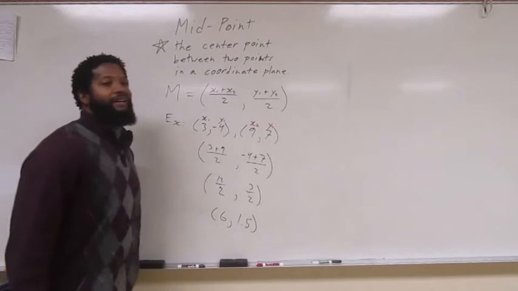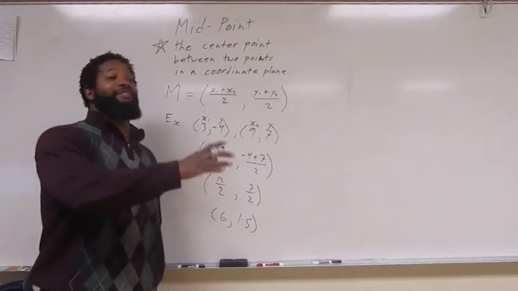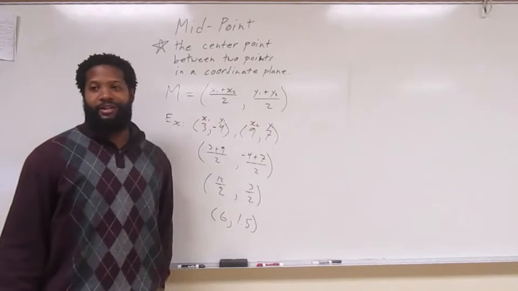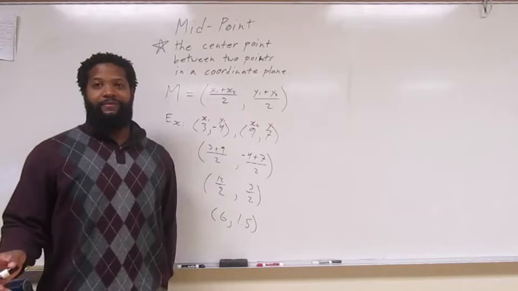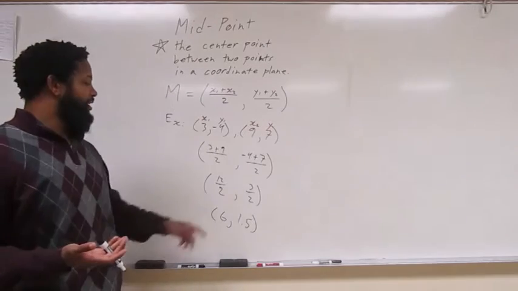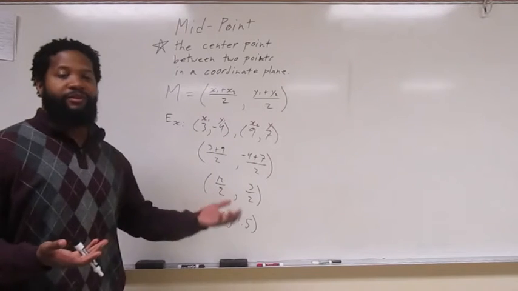This is the only time when I'm going to want y'all to put these in decimals, okay? Any other time when we're dealing with slopes and whatnot, keep it as a fraction and simplify it.